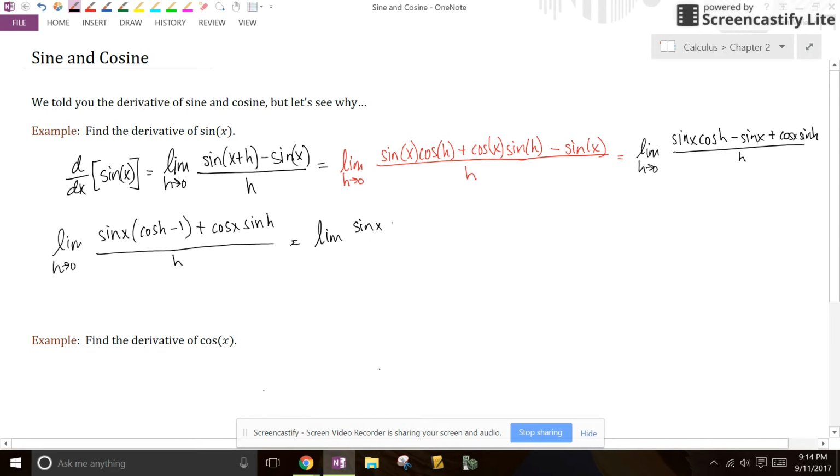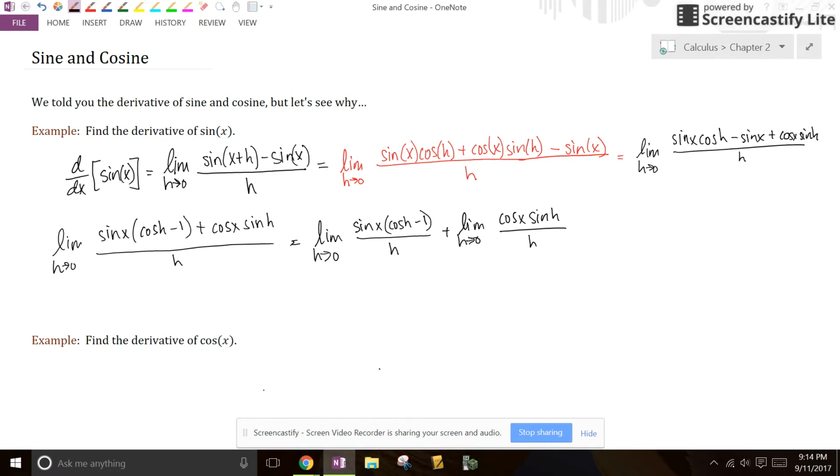So I'm going to have sine x cosine h minus 1 all over h, and then the other fraction, cosine x sine h over h, and the limit of that as h heads to 0. I just broke one fraction into two fractions, and since it's the limit process, I can just add those two limits together.